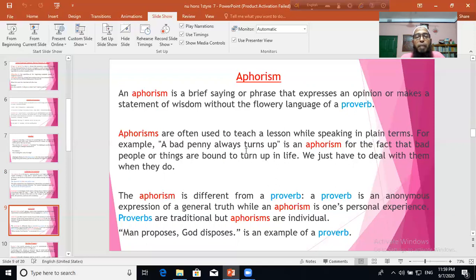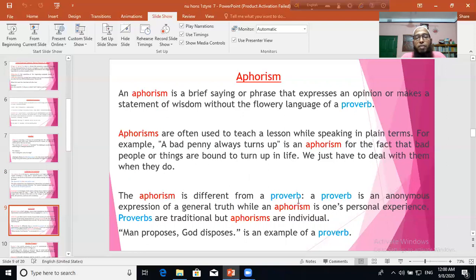Sometimes in our life, bad people come across. But what do we have to do? We must deal with them. When they misbehave with us, when they come across in our life, we should handle them tactfully. But it is true that bad people will come. It is not that you will always get good people around you.